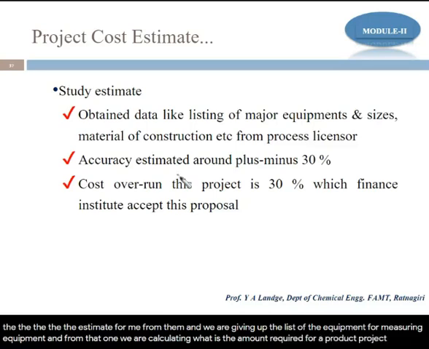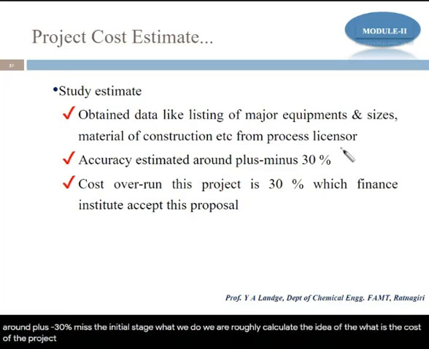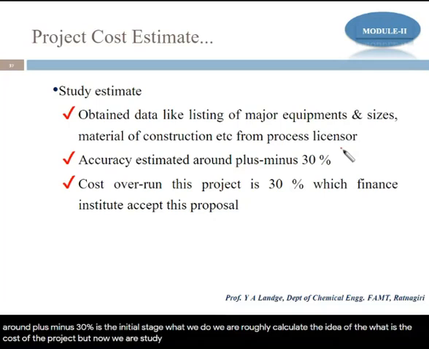So what is the accuracy here? You get accuracy of around plus or minus 30%. It means that at the initial stage we roughly calculate the idea of the costing of the project. But now we study what the major equipment are.